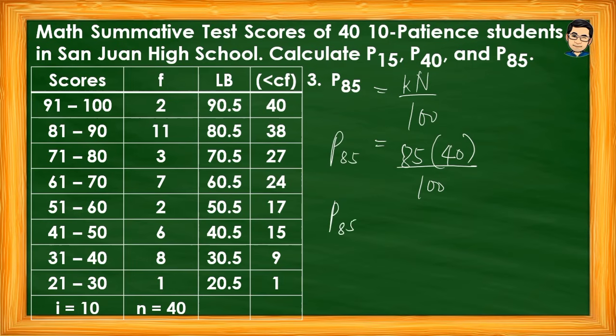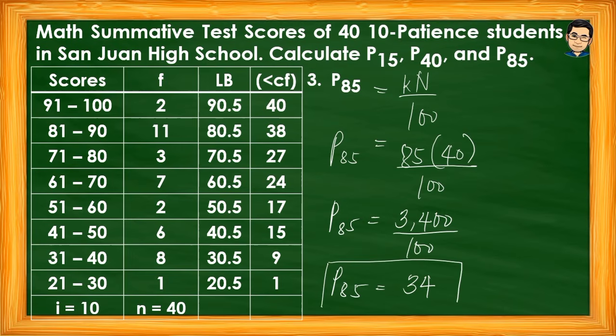So, multiplying 85 by 40 will get 3,400. And then divided by 100, so we'll get 34. So, yung 34th score natin is yung 85th percentile.